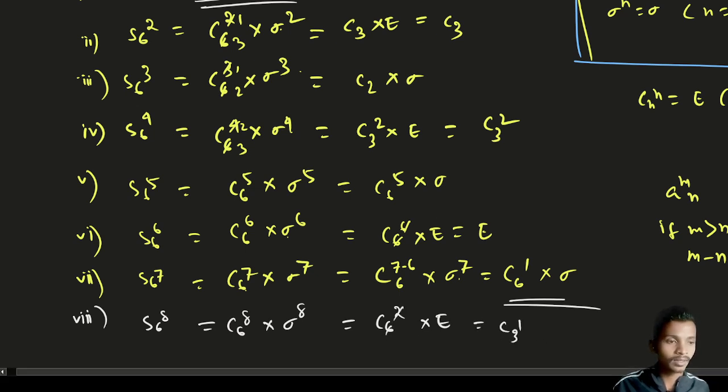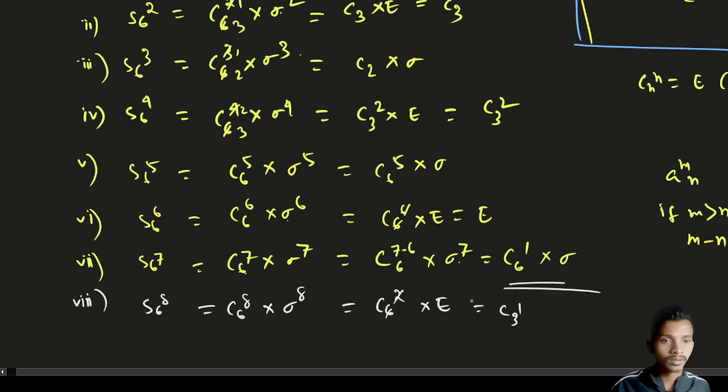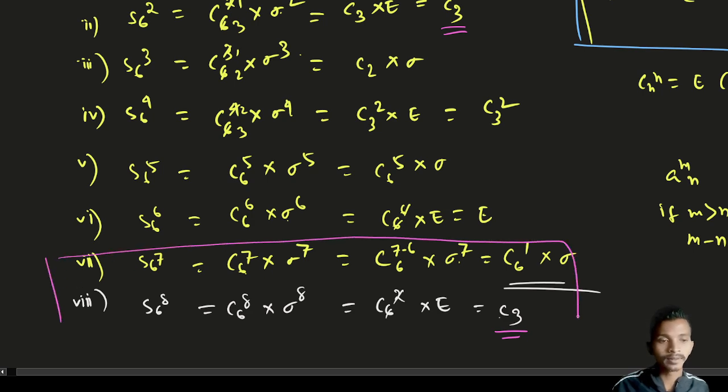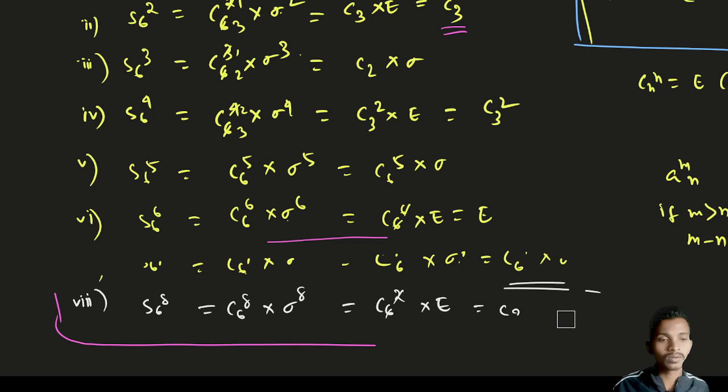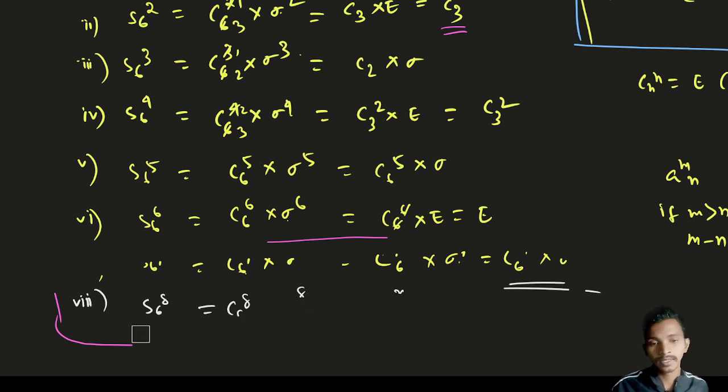And you see that this value and this value are equal to C3, right? So these values are the same, so after this the value is repeating, so we will not take this value, we will erase it, because the same value will come, so we will not include the same value again and again.